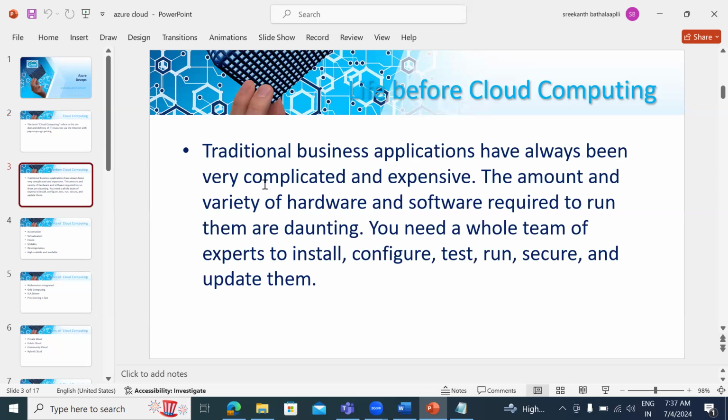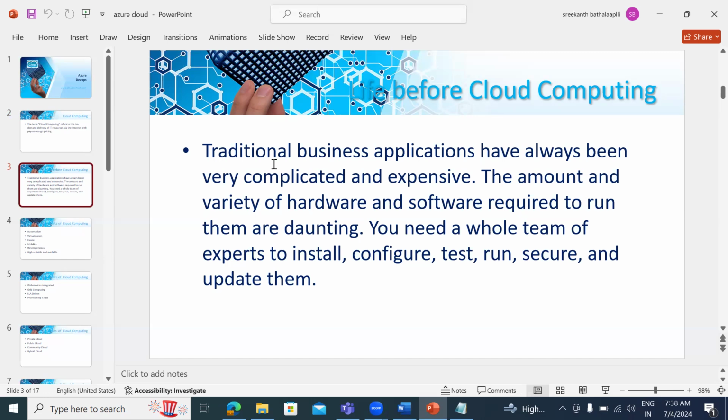Before the cloud, we had the same servers and applications, but it was very complicated and expensive. In the last 20 or 25 years, we had server, storage, computing, but it was very expensive and complicated.